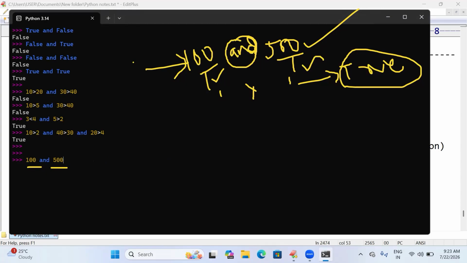I'm going to execute this statement. See here, the output we got is 500, right? Why did we get 500? When it is true and false, the answer is going to be false. When false and true, it is going to execute short circuit evaluation.